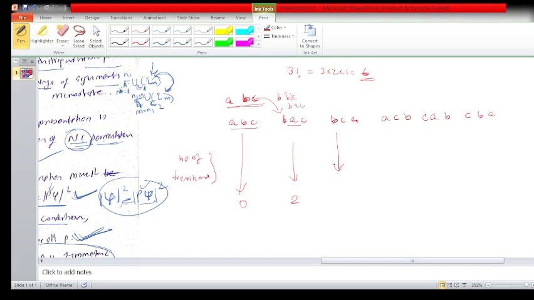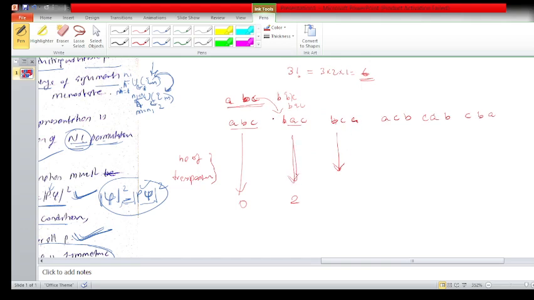Then if you consider this one, you can consider this as a transposition. Transposition means we are changing their position. So 2 possible transpositions are there. Here we are having BCA.